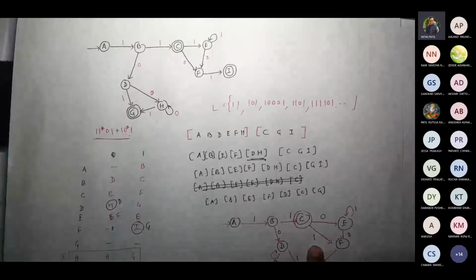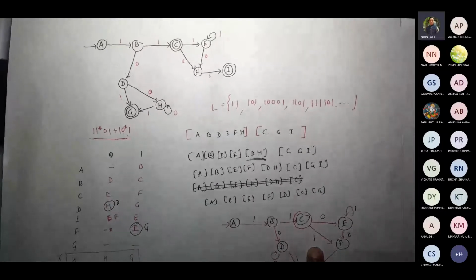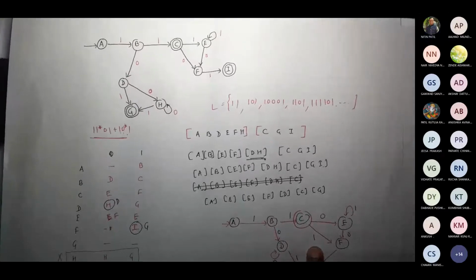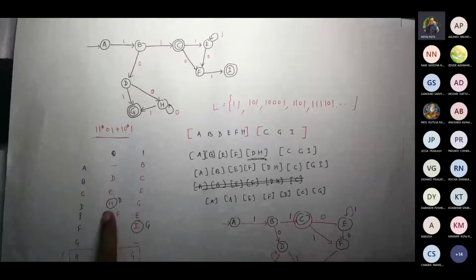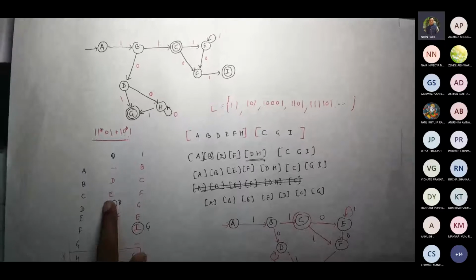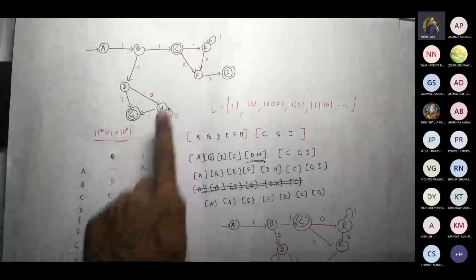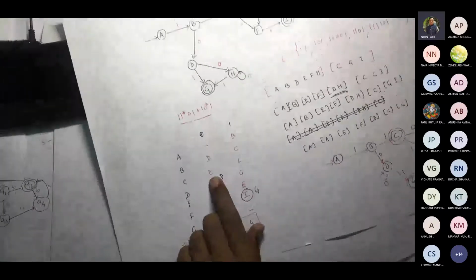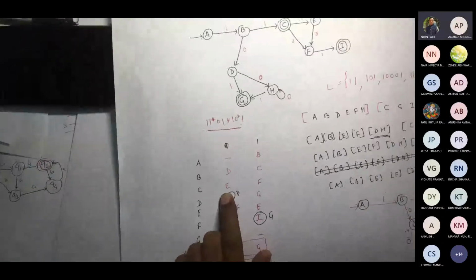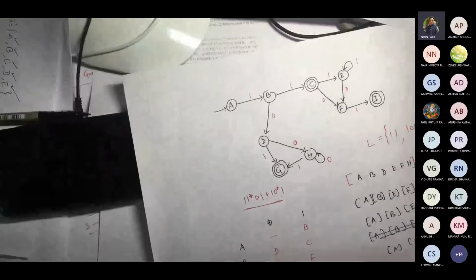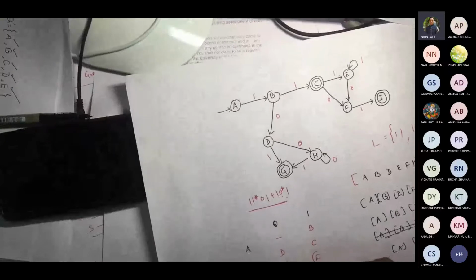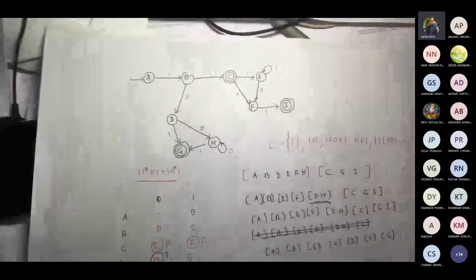Why did I write 1 here? I think I made a mistake. While writing, from C with E it is 1. So I wrote it wrongly. This is F and this is E. Then it should be okay.